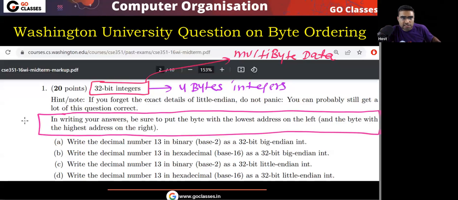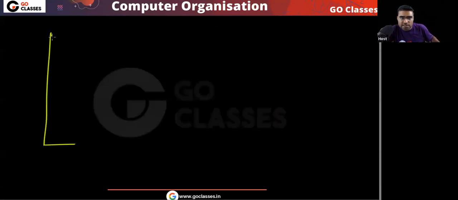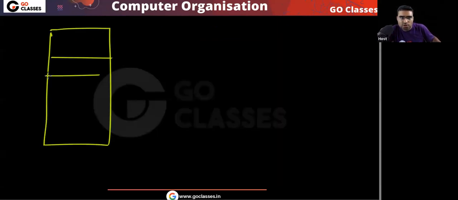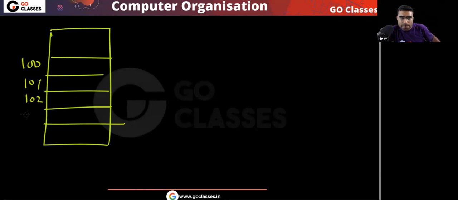What does this line mean? Can anyone tell me? First you understand this line, what this means. See, this line simply means that, let's assume that somehow, I don't know which architecture, your main memory looks like this. Just for a moment, let's assume that your main memory looks like this. These are the addresses.